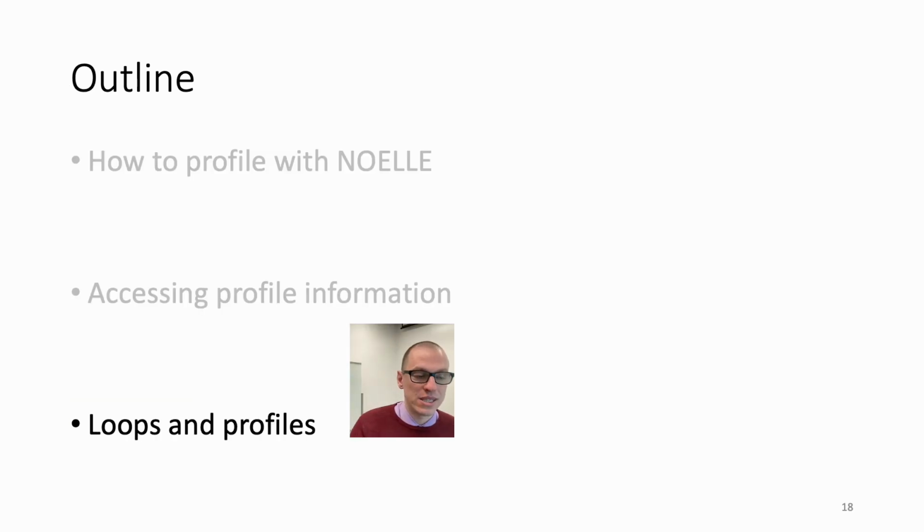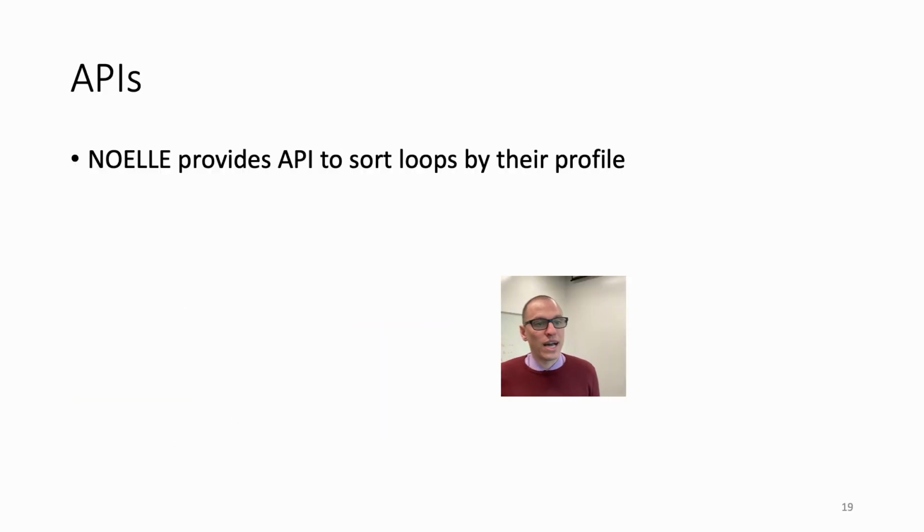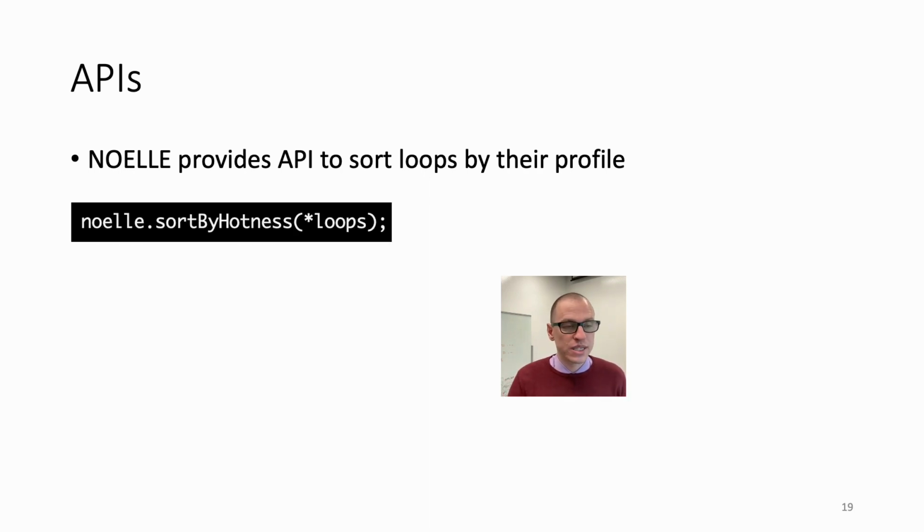Now let's look at loops and their profiles. NOELLE provides an API to sort loops by their profile, in particular by their coverage. So you can take a vector of loops, for example, the one returned by the getLoopStructures API of NOELLE, and you can sort them by coverage.